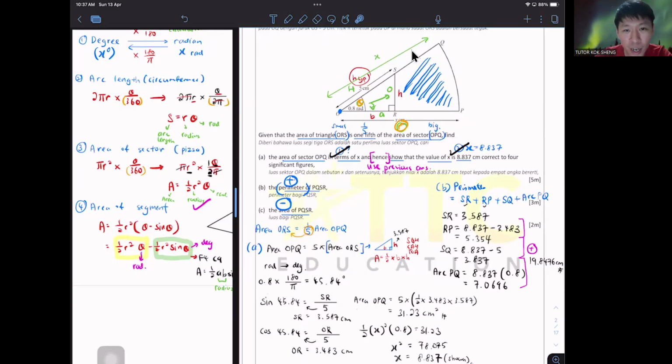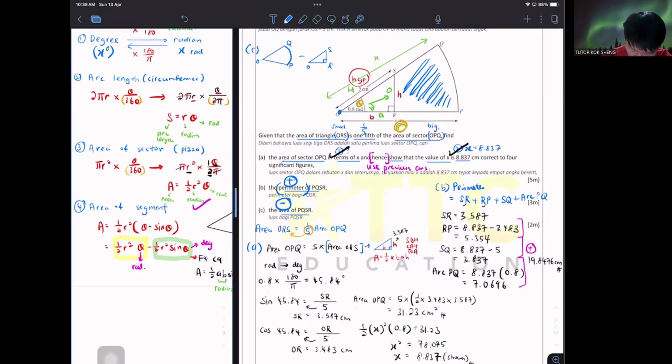That's why we go for big minus small. OPQ minus the triangle ORS. Let's go. Okay, the working I write on top first. OPQ minus the triangle ORS. For the sector area, yes, we have the formula already.